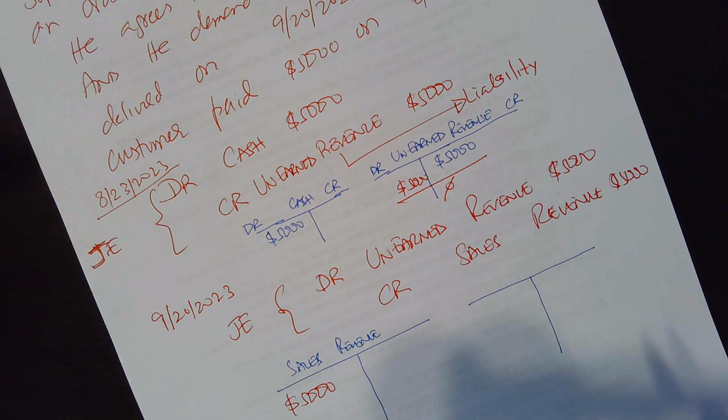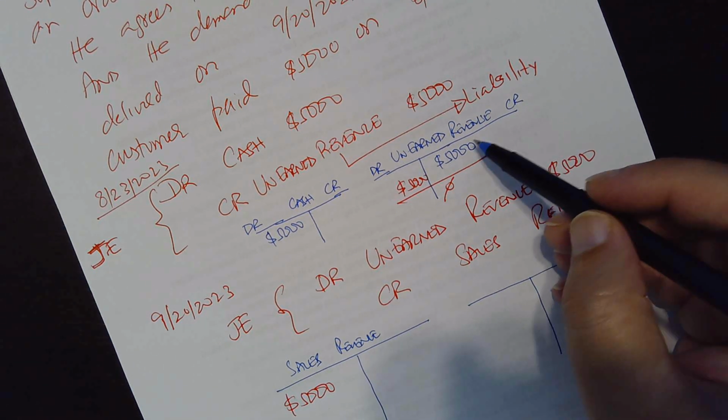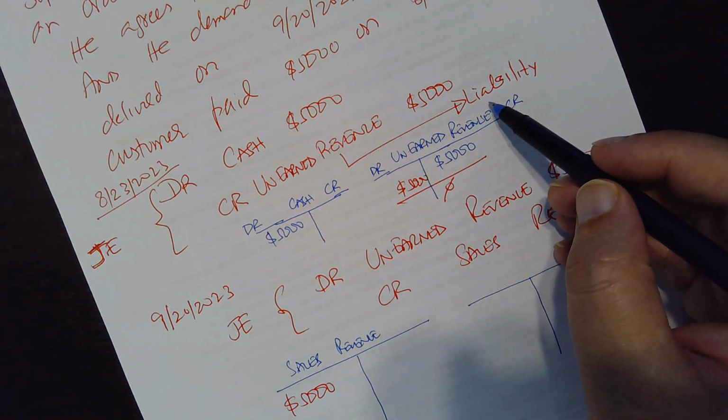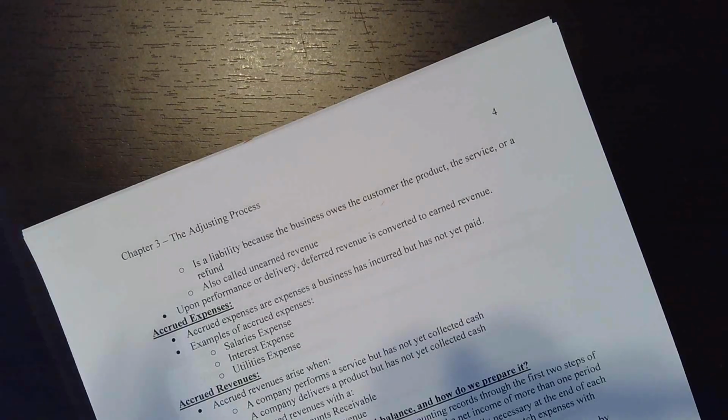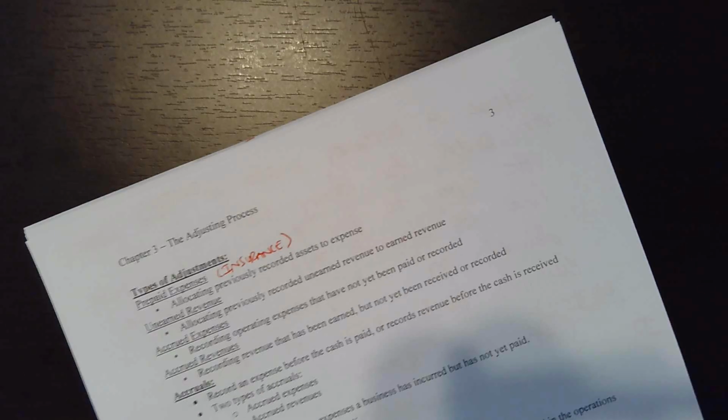So this is an example of deferred revenue and how when it's earned it becomes sales revenue. So remember one thing, unearned revenue is a liability, and a sales revenue is recognized once you provided the product to the customer. Okay, let's move to the next thing.